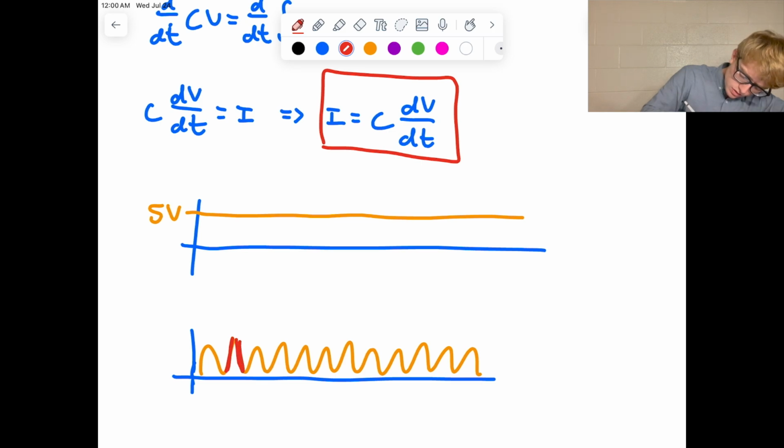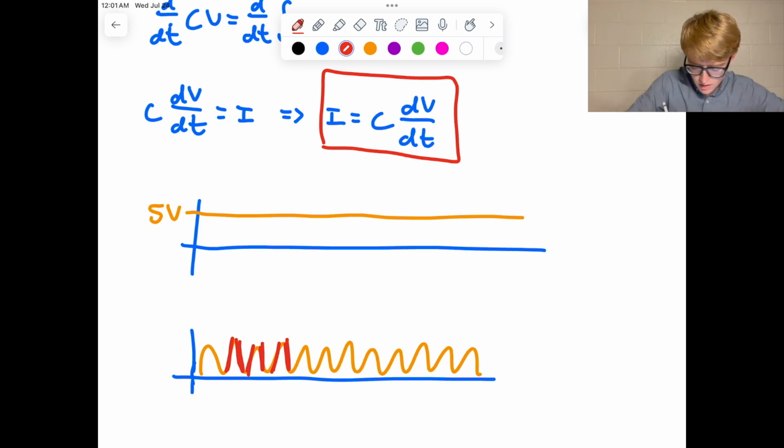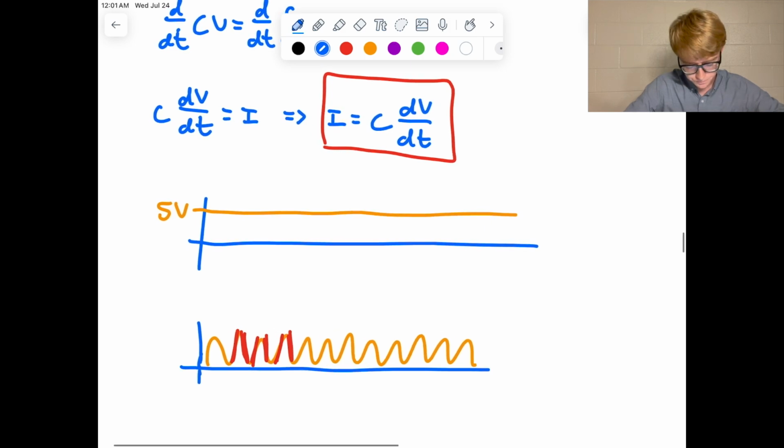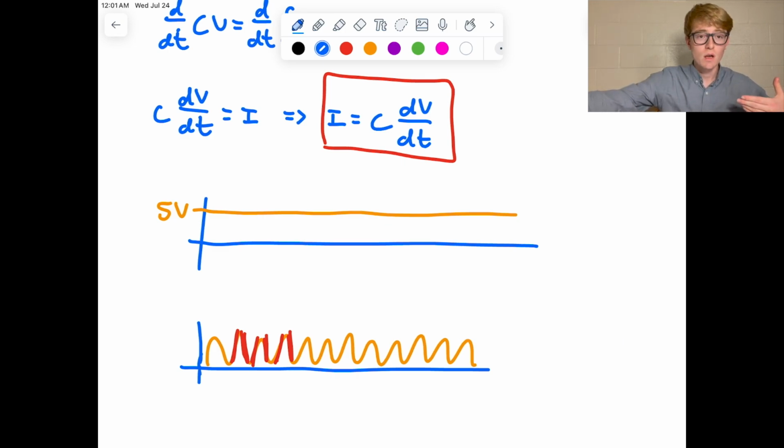So we look at these super high slopes that I'm outlining here in red, and we recognize that dV/dt is going to take on a pretty large value with those rapid changes in voltage over time. So then we get a large current flow through our capacitor if I have a signal with a voltage changing very rapidly in time. That would be like a high frequency signal.